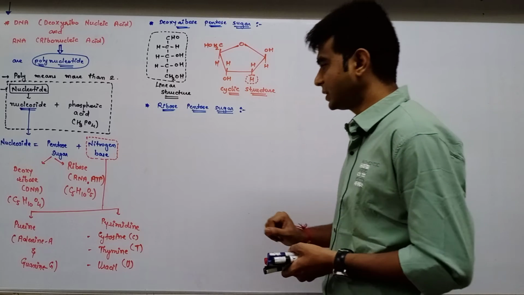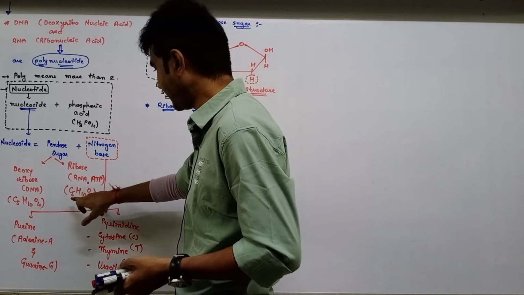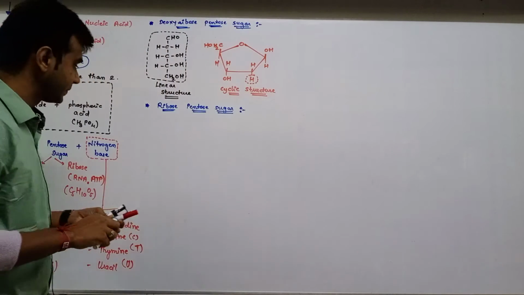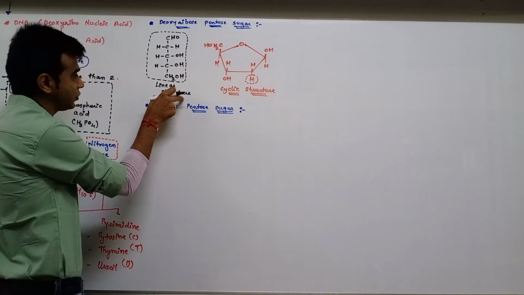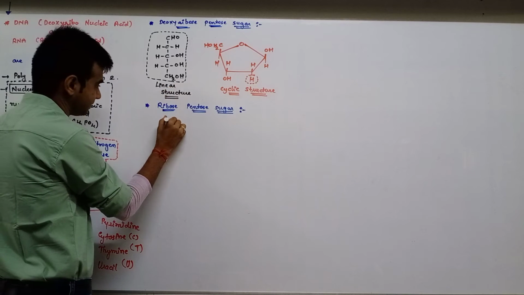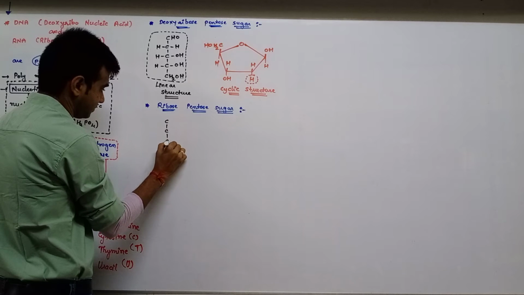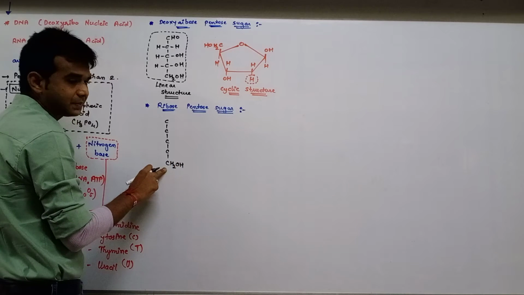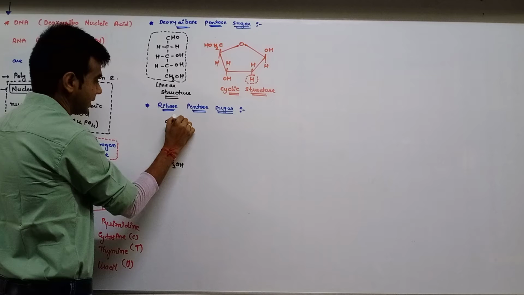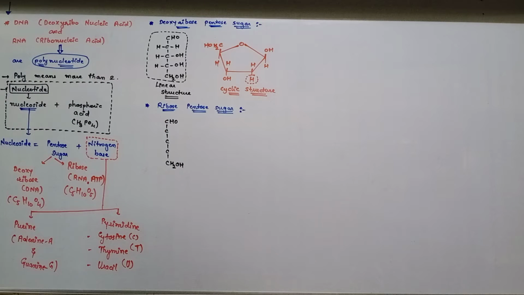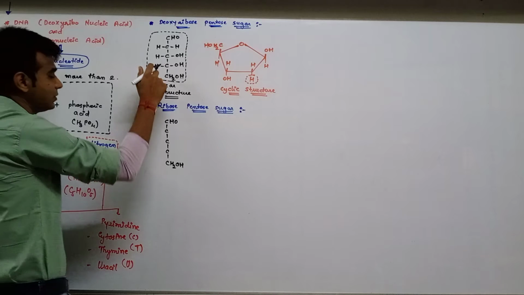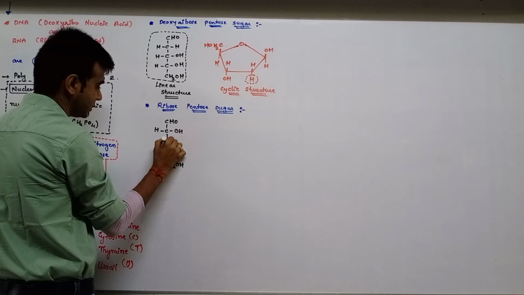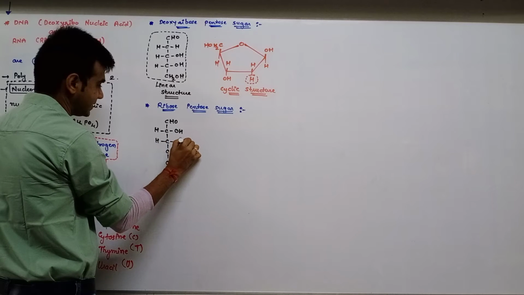Ribose pentose sugar has the chemical formula C5H10O5. You have to draw the same diagram. Put the five carbons. First I am drawing the linear structure. At the fifth carbon CH2OH, and the first carbon is the aldehyde group. According to the same rules, left side H, right side OH.